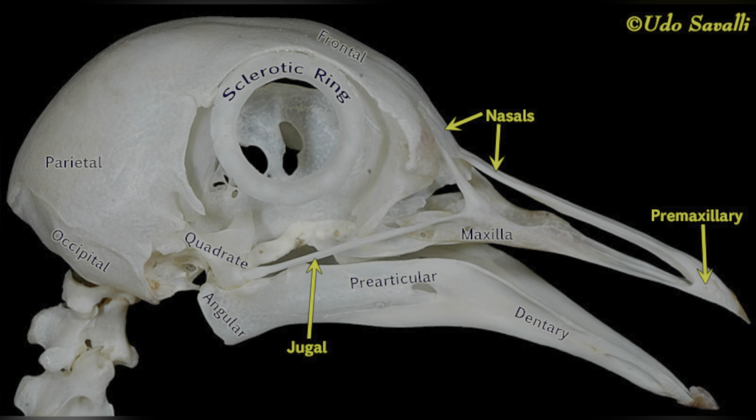What rests inside as protection for the eye is called a sclerotic ring, which is made up of a bunch of tiny bony structures called sclerotic ossicles, and that basically helps optimize the function of the bird's eye. Here we have a good diagram representing the orbital bone, and inside of there the sclerotic ring.